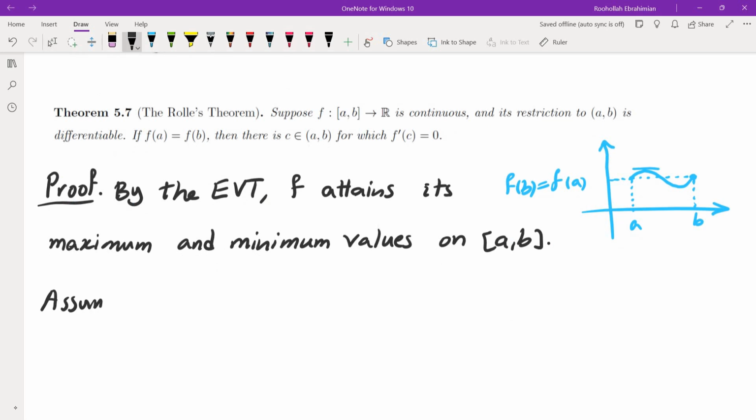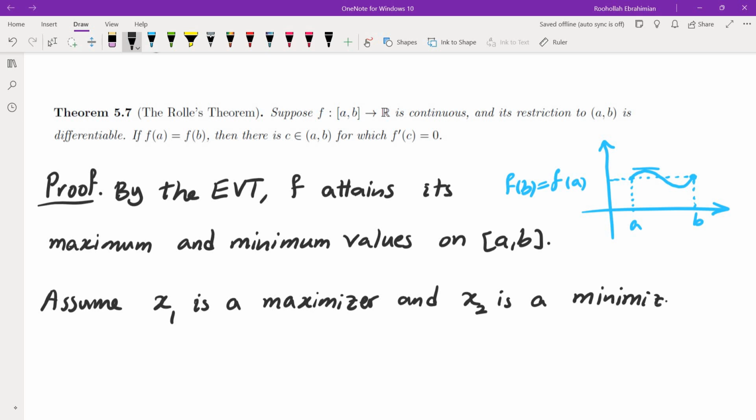Assume that x1 is a maximizer and x2 is a minimizer for f from AB to R.